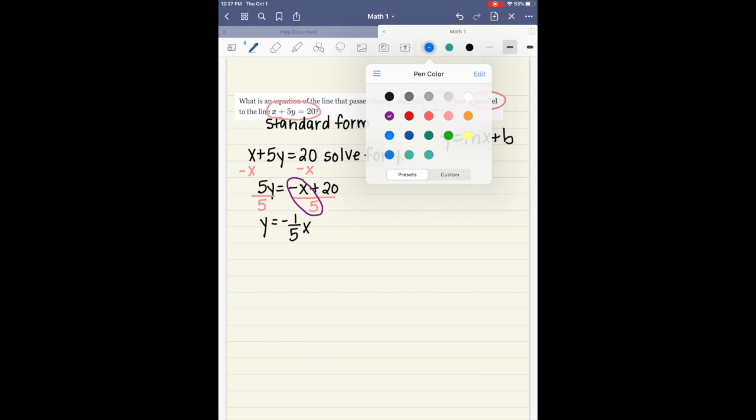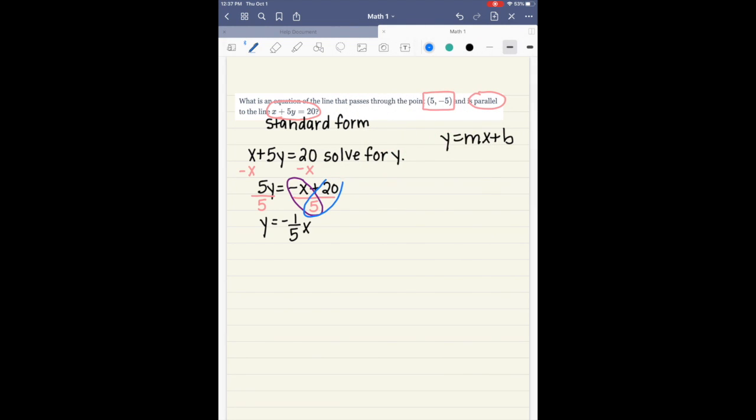And we're also going to take 20 and divide it by 5, so that's going to be plus 4. This is our original equation. So just to be clear, this is the original. Okay? So my original slope is negative 1/5.